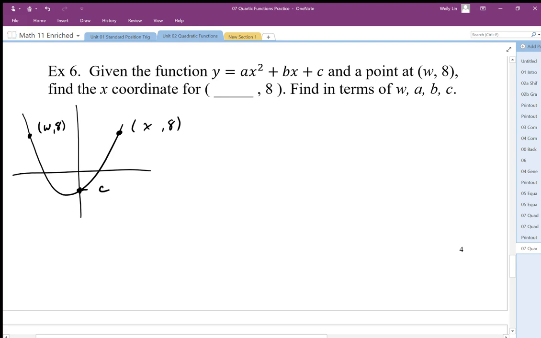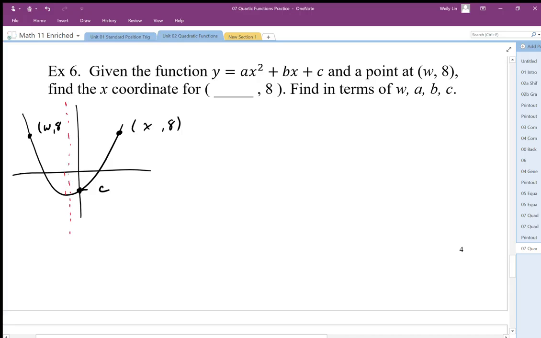What's the relationship we need to use to find this point here? Well, we need to use symmetry. This is why it's good to draw it out, so that you can start visualizing the math. So I'm just going to draw a little bit further to the right here so it looks a little bit more symmetrical. There's my line of symmetry.